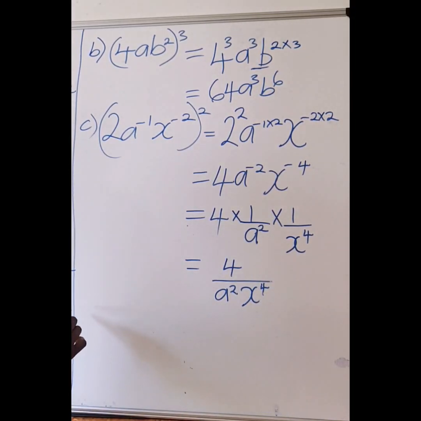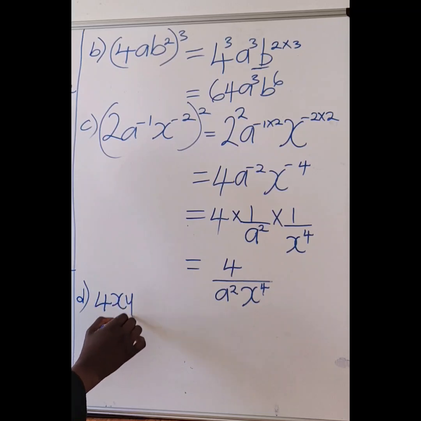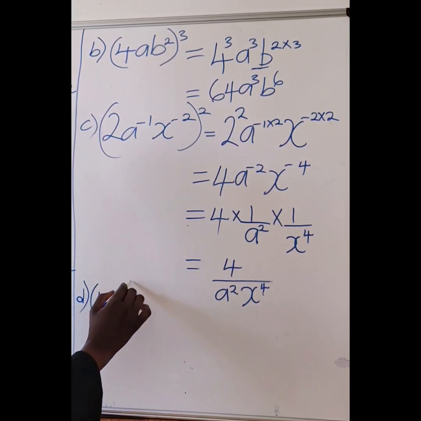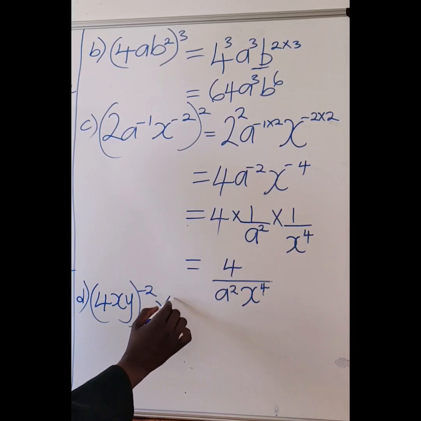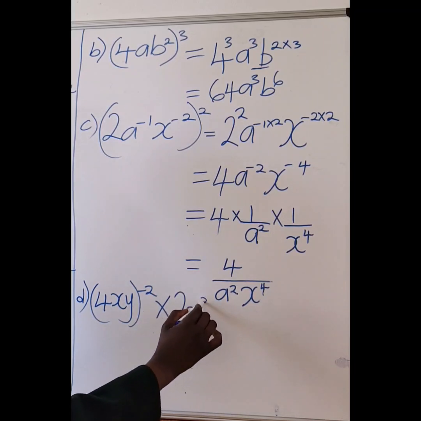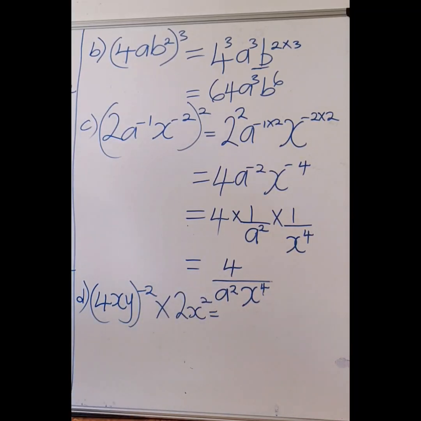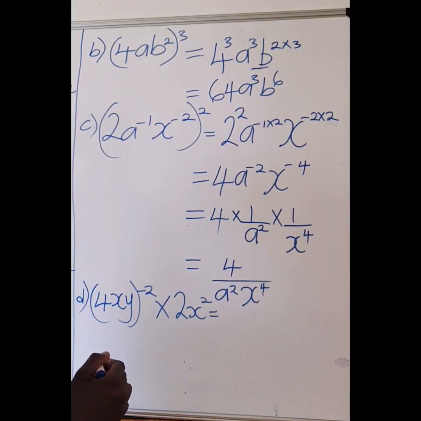We move to the very last one in this video, which is 4xy raised to power minus 2 multiplied by 2sx squared. So for 4xy, everything is to power minus 2.